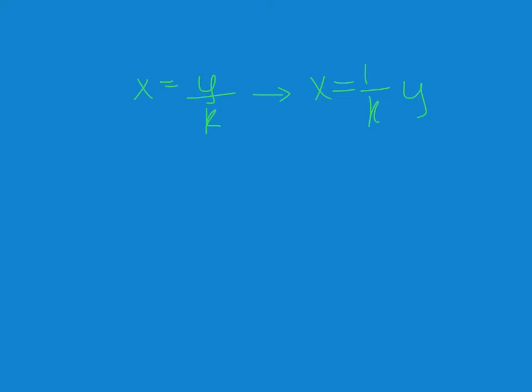So hopefully you know that these mean the same thing. So if you were given this 1 over ky, you would know to change it so that you could manipulate it. And more than likely, you're not going to be called upon to manipulate these yourself very often. However, you should understand how they relate to each other.